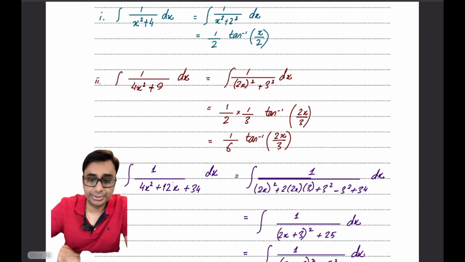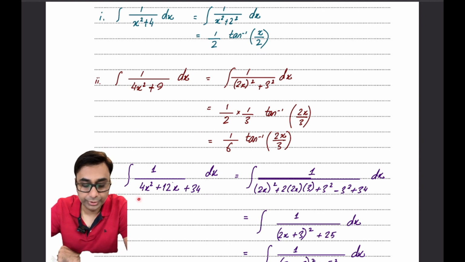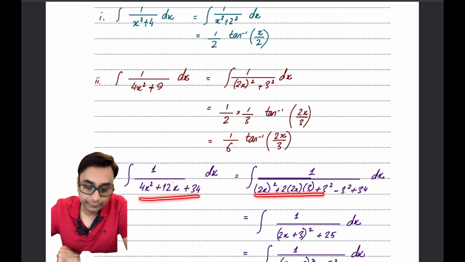There can be a question, this could be the hardest form of the question, where you have been given a situation and you might have to use the completing square method. So if you have been given something like this, you first apply the completing square that you learn in AS. You will recognize 4x squared as 2x whole square, 12x as 2 times 2x times 3.